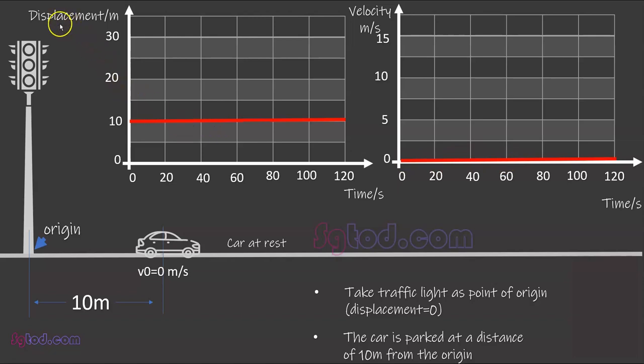Hence, when you see on a displacement time graph a horizontal straight line, it means that the object is at rest, not moving. Its displacement from the origin remains unchanged.